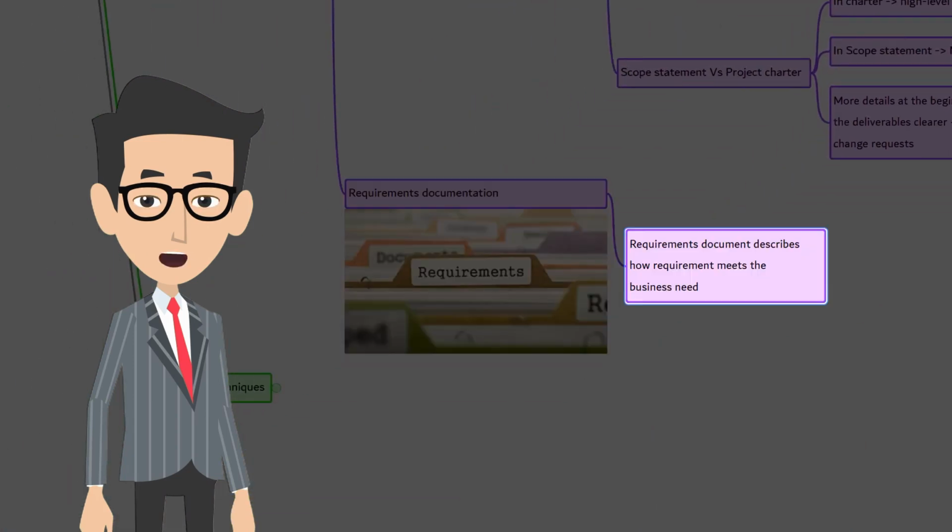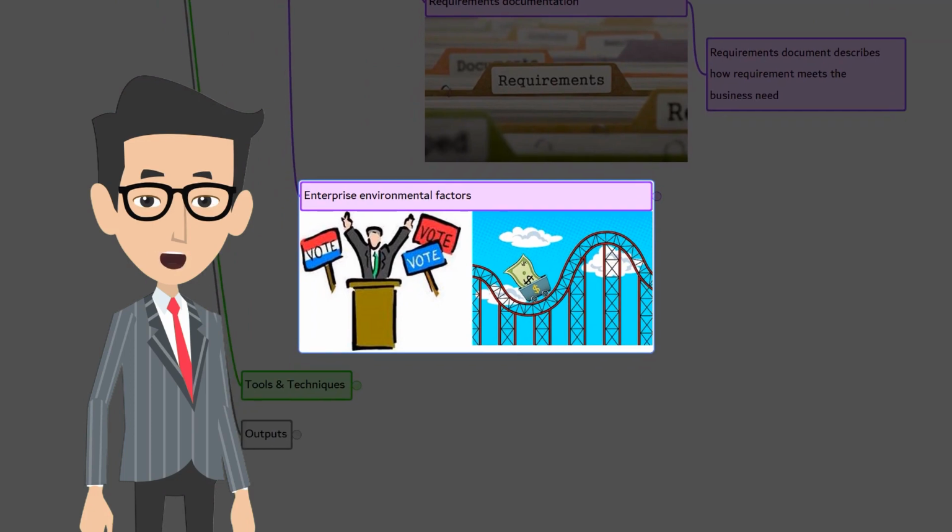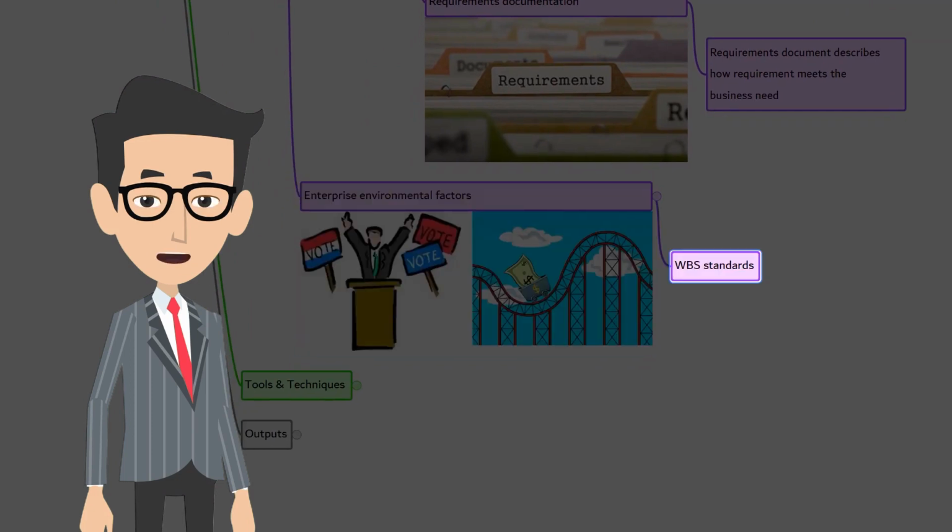Of course, requirements are the base for creating the work breakdown structure. Detailed requirements describe how individual requirements meet the business need. Let's move to the next input, enterprise environmental factors. WBS standard. Here, we are talking about industry-specific WBS standards that are relevant to the nature of the current project.